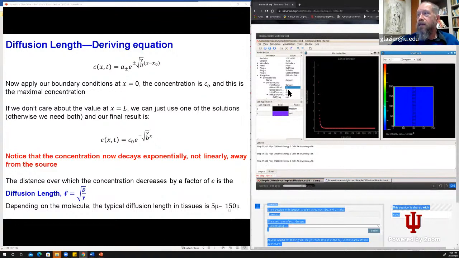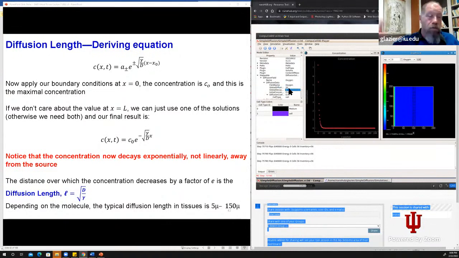Diffusion constant is 10, decay constant is 1. 10 over 1 is 10, square root is 3. My concentration only gets 3 voxels away from the boundary. Not very far. If I want to get this thing further, I have to make it much smaller, 0.01.